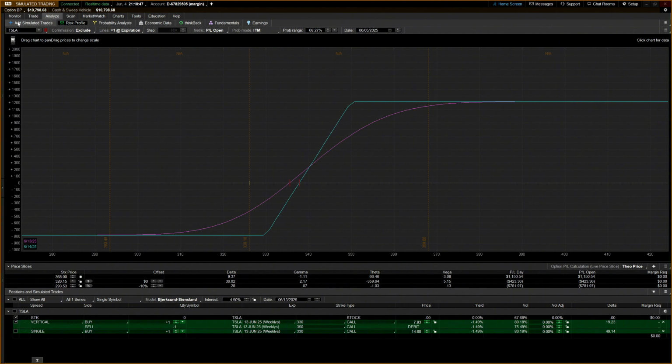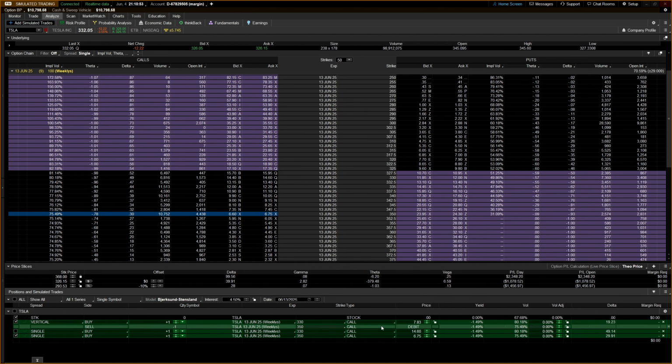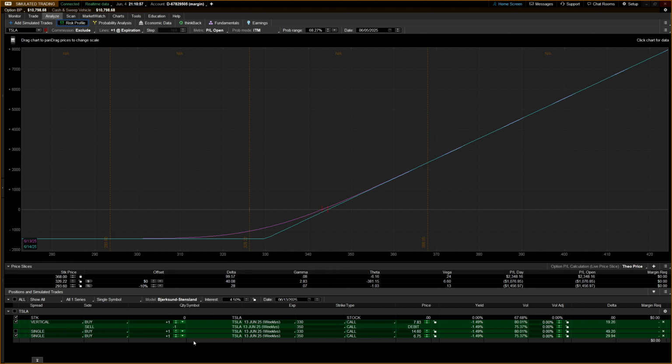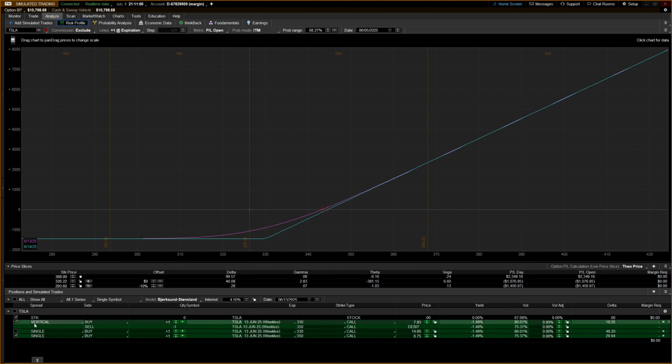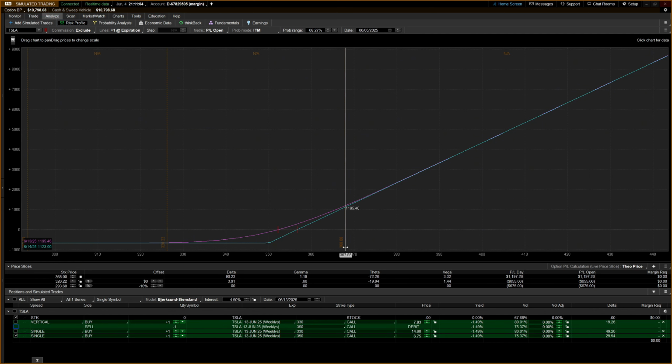Or the 350, if you were to buy the 350 instead, we'll look at that one. Okay. That one is cheaper, yes, than the spread here. But look at the risk graph here. And this is where that opportunity risk comes into play. Because if you think it's really going to go, maybe a spread isn't the right bet.